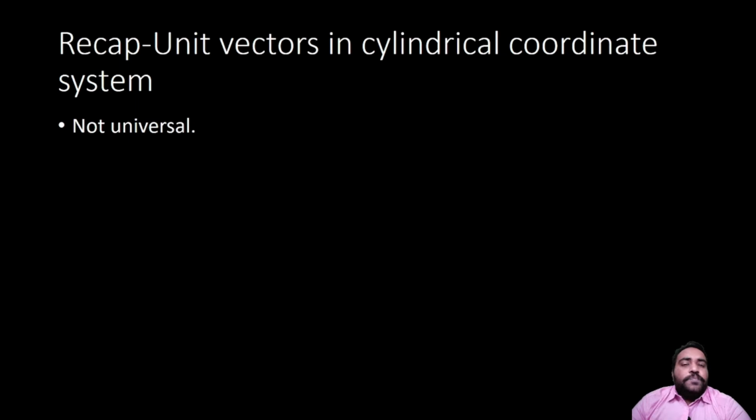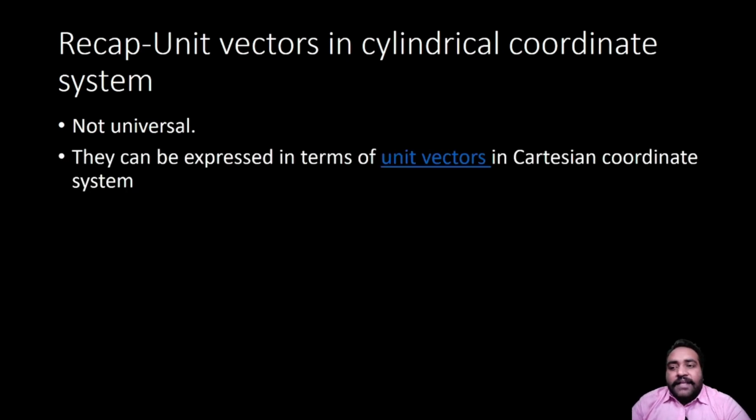They are space varying. They vary if you move from one point to another point. That we have seen in the last module. So, one thing which we should never forget is that these unit vectors are not universal, and they can be expressed in terms of universal unit vectors. They are nothing but the unit vectors in Cartesian coordinate system.